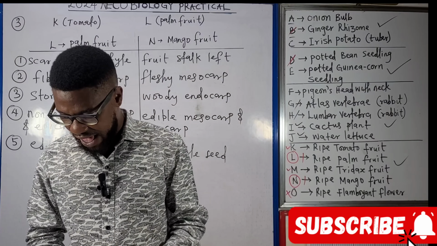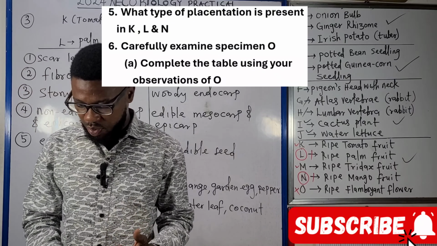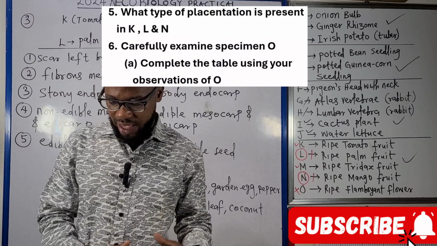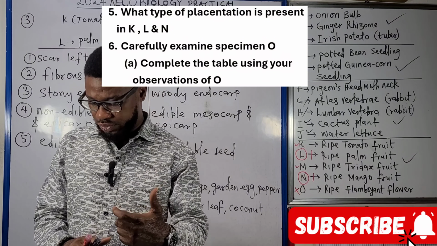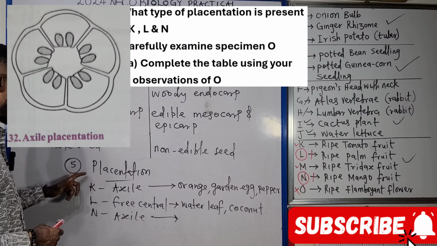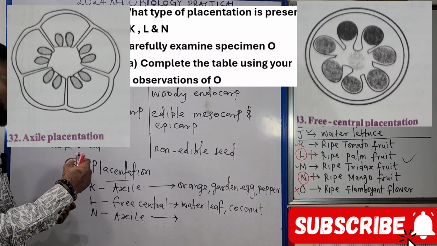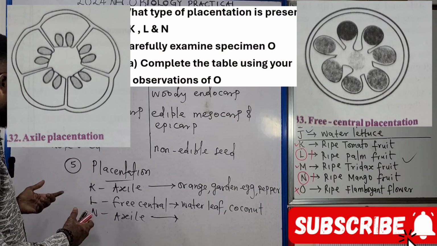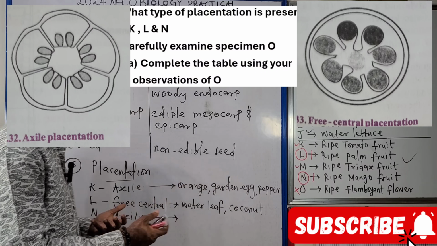So that ends that. So moving on to question 5, we were told to state the type of placentation that is present in specimen K, L, and N, and we should name one example of fruit with similar placentation. Talking about specimen K, the placentation is axial, and examples of fruits or plants that exhibit similar placentation, you're looking at orange, garden egg, pepper.